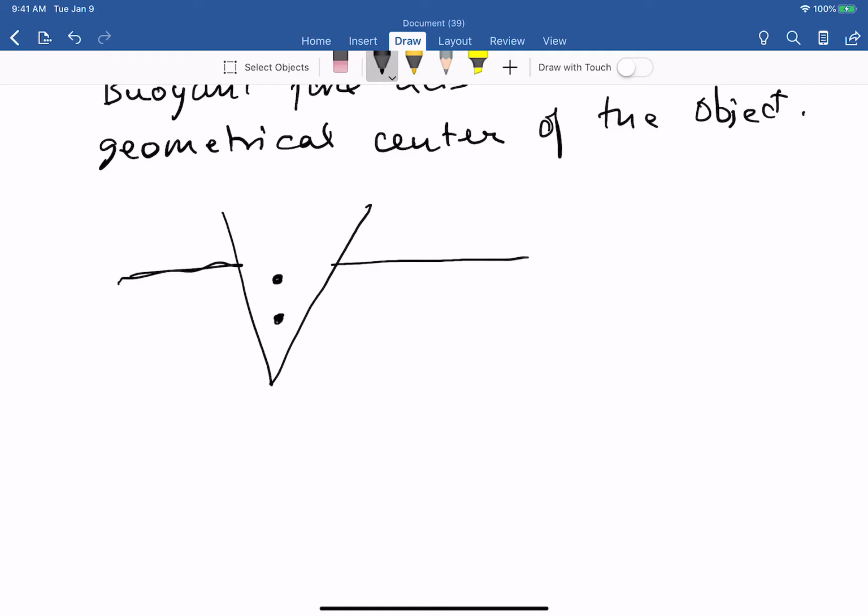So this is the center of mass, and this is the geometrical center. Okay, what would happen to this ship if it were slightly tilted? So suppose this ship tilts a little bit.